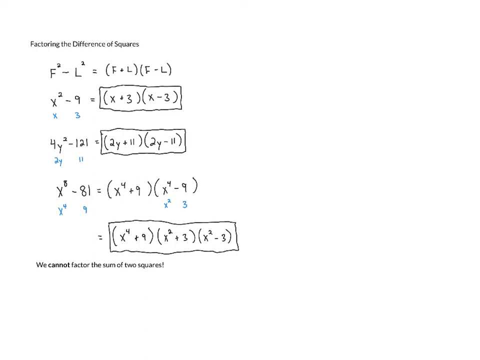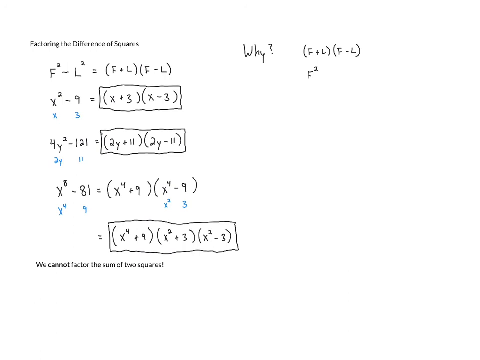Now, some of you might be wondering, why does this work, this difference of squares? And the reason it works comes down to foiling out F plus L times F minus L. If we want to multiply this, we FOIL it out. So the product of the first terms is F squared.